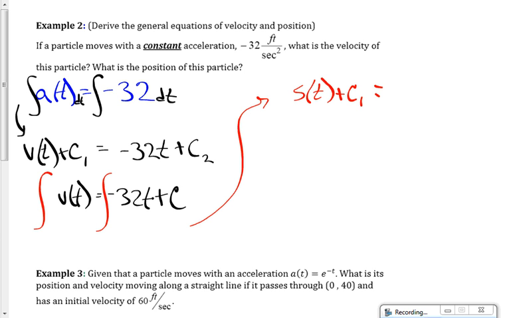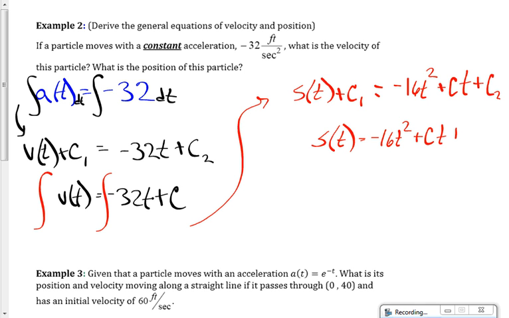The integral of negative 32t, we're going to use power rule on it. It's going to be negative 16t squared plus that constant we found originally times t, and then we've got another constant on here somewhere as well. So one could make the argument, for the same reason we just did, negative 16t squared plus some constant times t plus some other constant of integration.